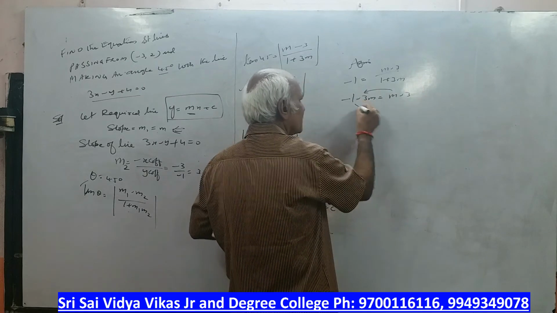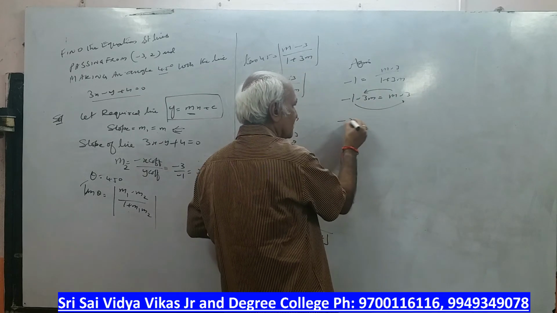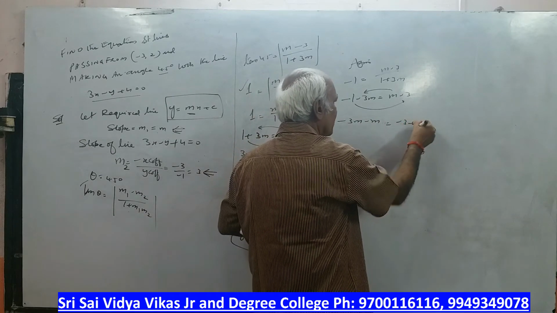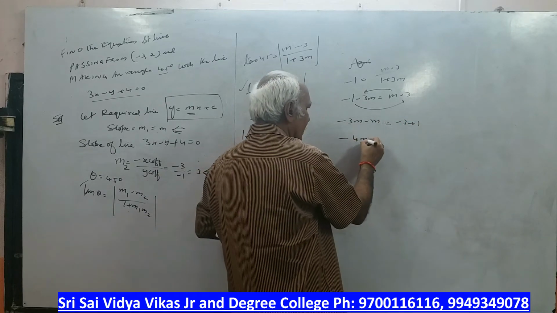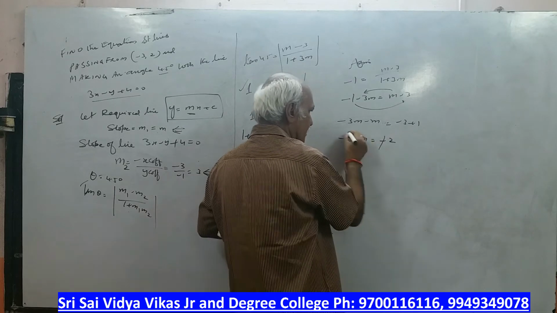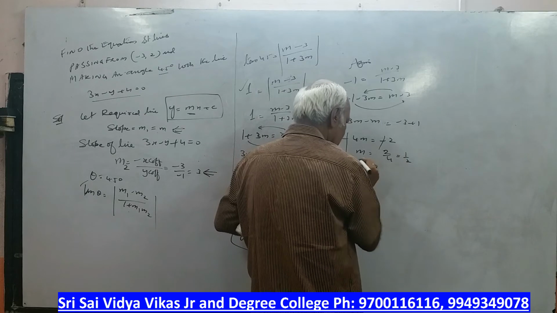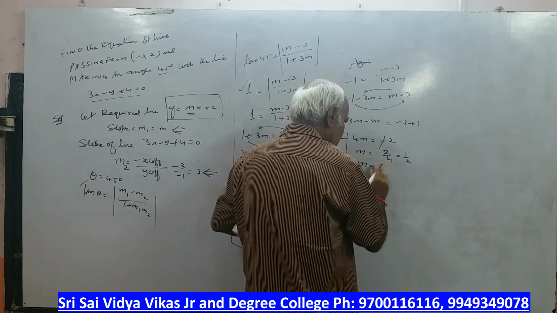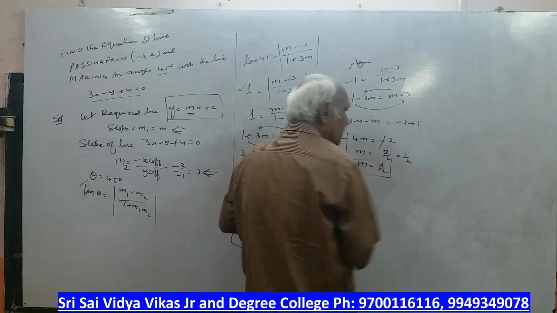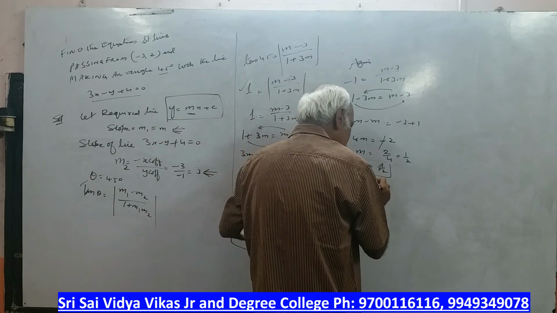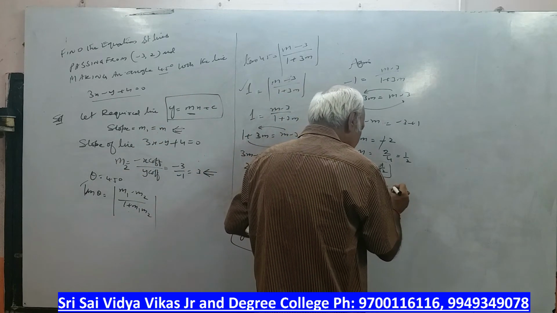Bring m this side, minus 1 this side: minus 4m is equal to minus 3 plus 1, which is minus 2. Minus minus will get cancelled. 2 by 4 which is 1 by 2. So we got the m value 1 by 2. Therefore, y is equal to 1 by 2 x plus c.